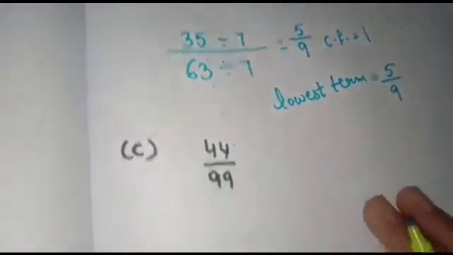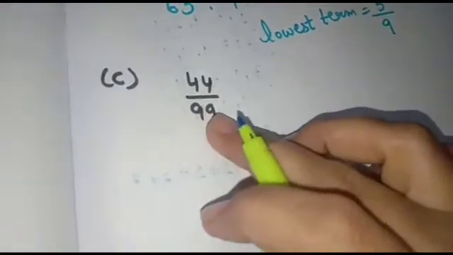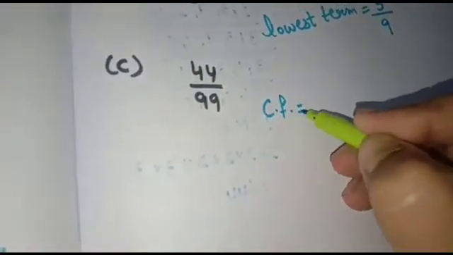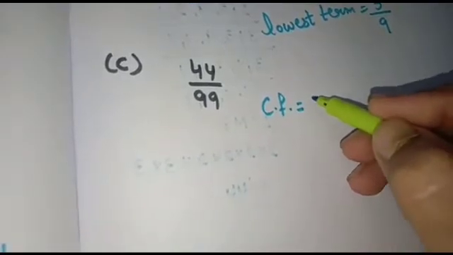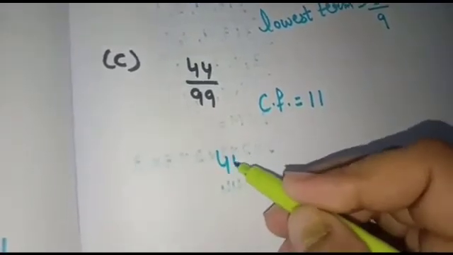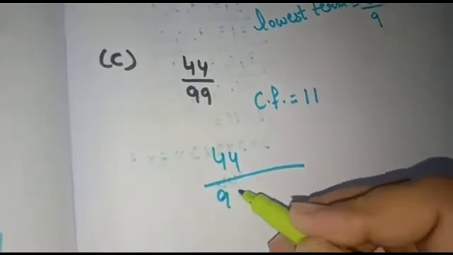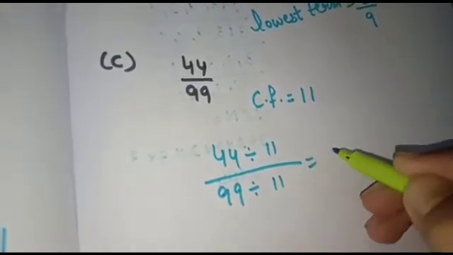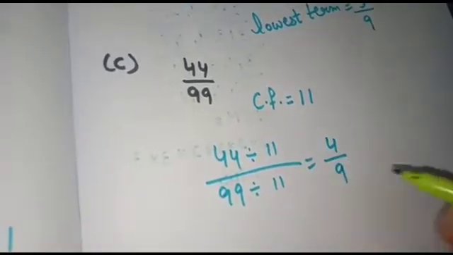Okay, let's see one more part. C part, 44 by 99. Just think about the common factor. It is 11. So 44 by 99 will be divided by 11 and we will get 4 by 9.